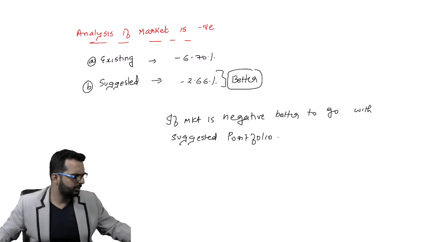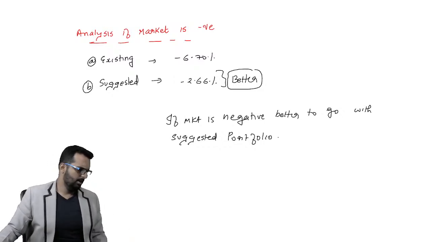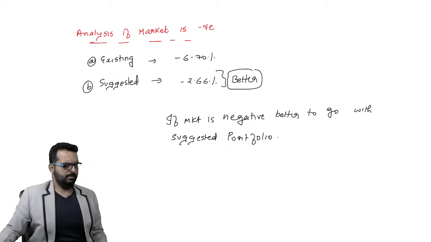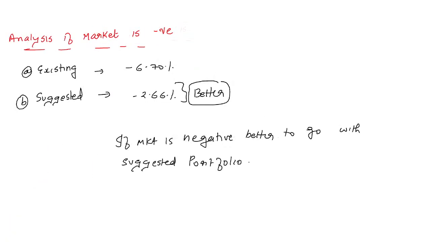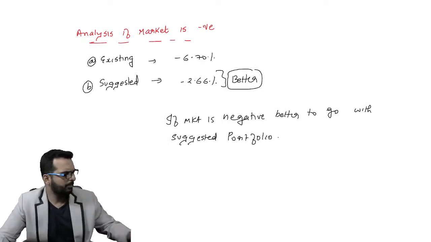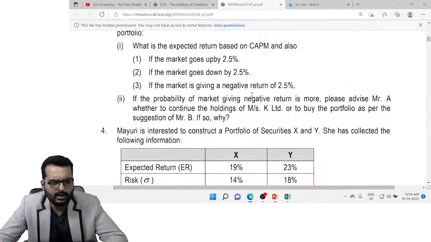Please write down this and finish it off, and we are done with this question. I believe you are all done writing this also. Can I go to the next part now? We are done with this question.